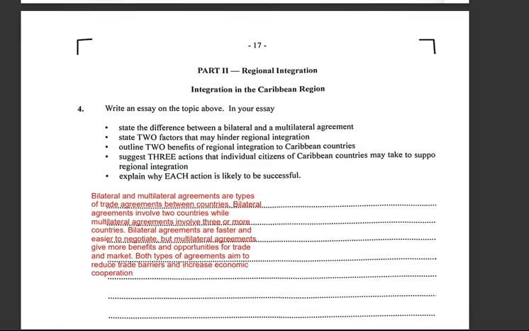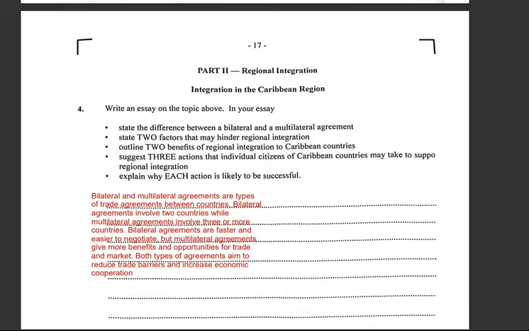So that is how bilateral and multilateral came into place, guys. If they are aiming for more than one country, this is how they could target economic cooperation. Between bilateral and multilateral, they may try to show which one of these agreements would be better.